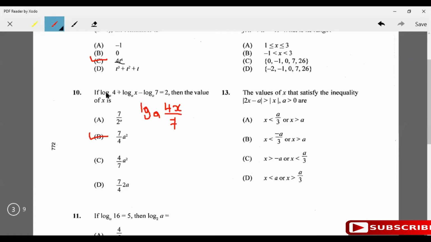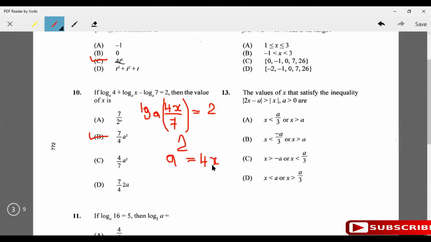Because remember, log a plus log b is log ab. So log a of 4x over 7 is equal to 2. And so what we're practically saying then is by rules of logarithm, a squared is equal to 4x over 7.